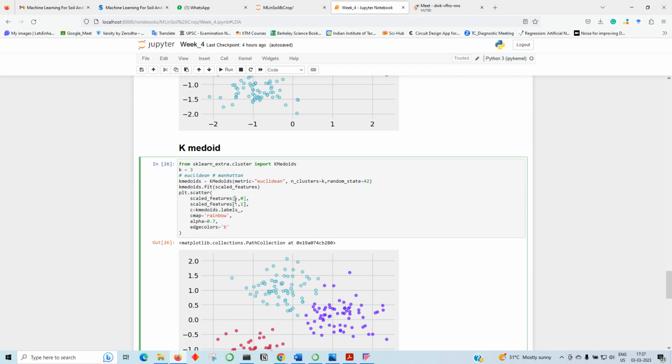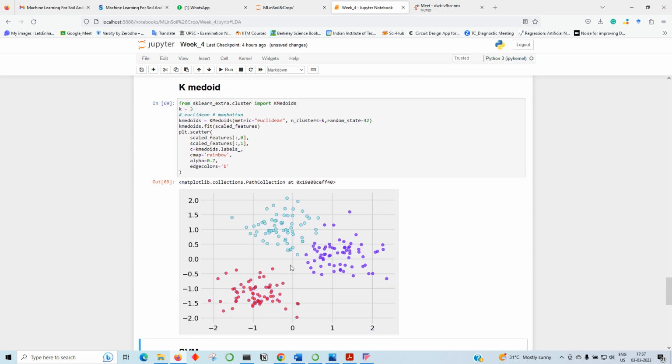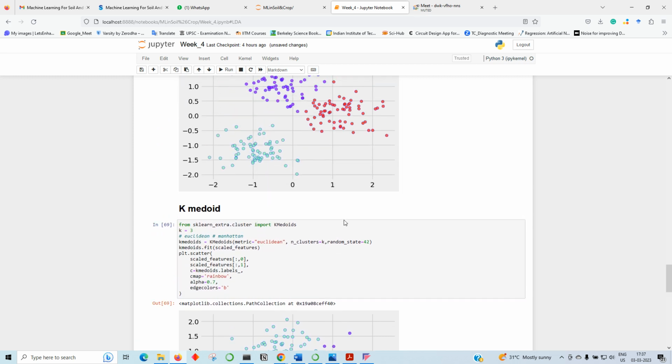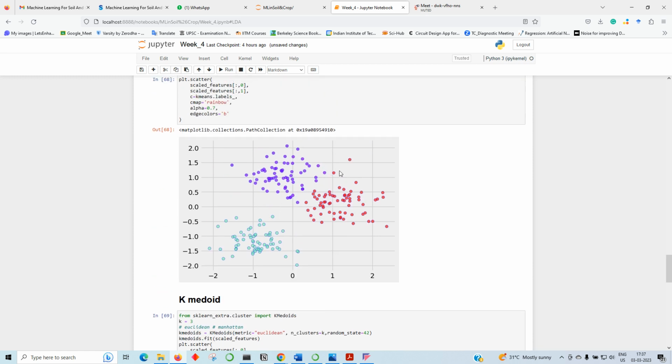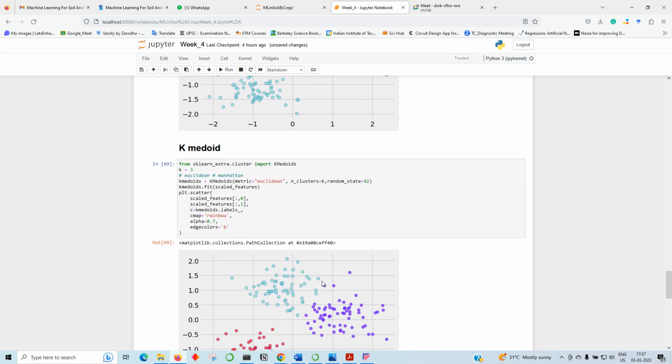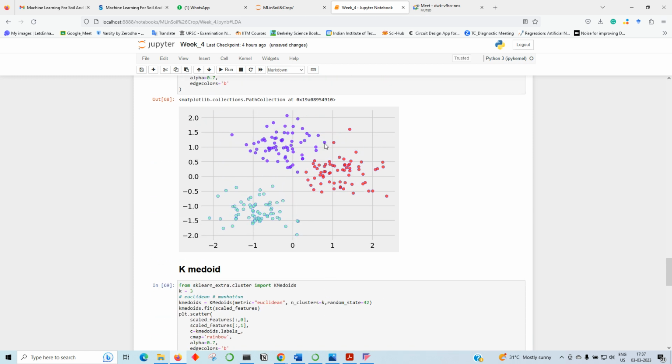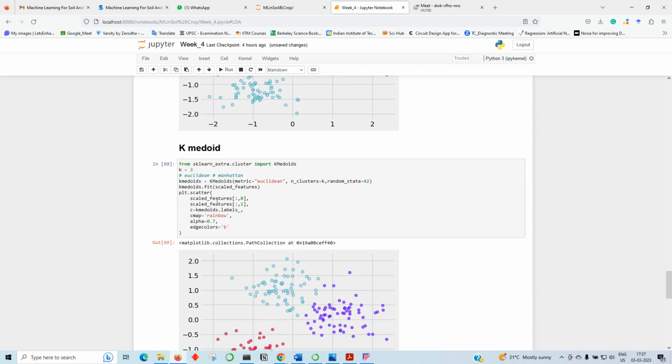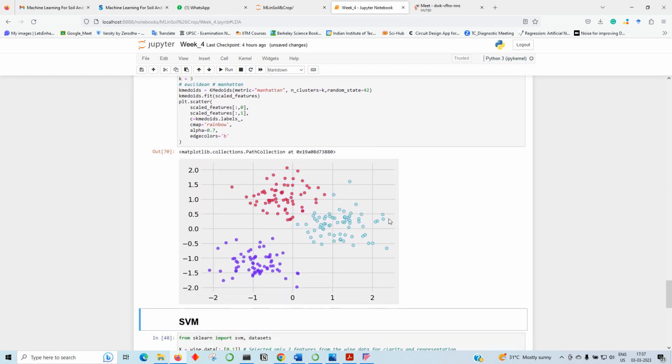This is just for plotting. For 3 classes, we get a pretty similar plot. If you look at this point here, you will see that this is the only difference, where this is purple instead of red. If you change it to the Manhattan distance metric, then it will be further different.